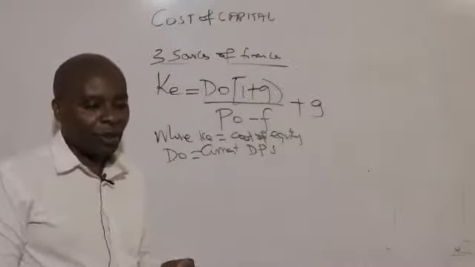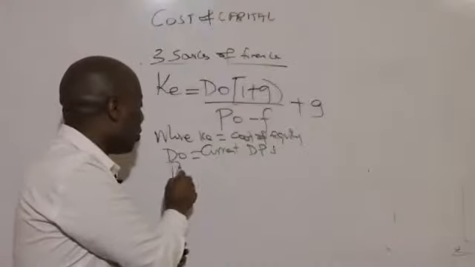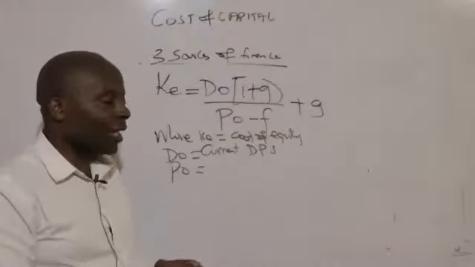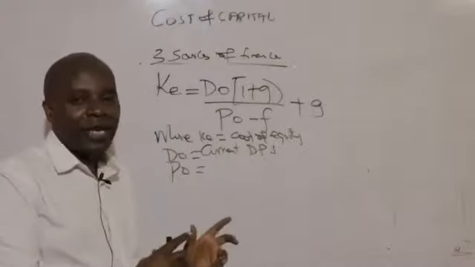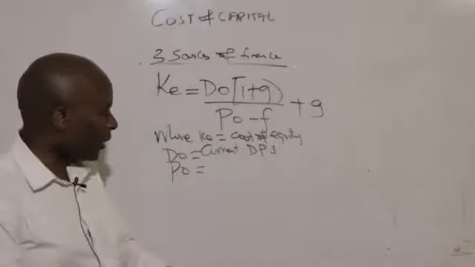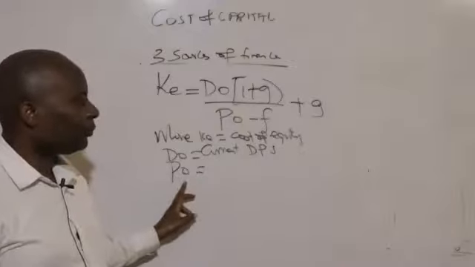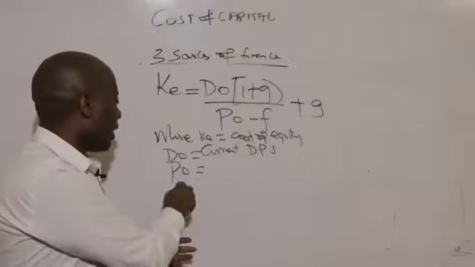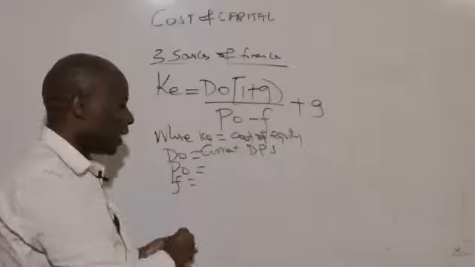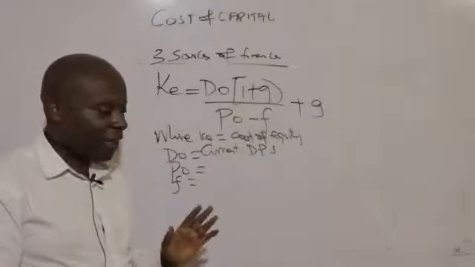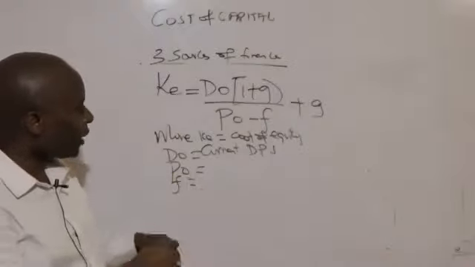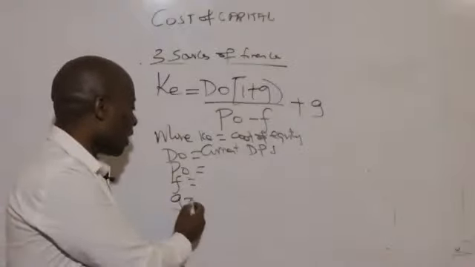And then we have P0, which is the current market price per share, current because of 0. And then we have F. F, ladies and gentlemen, stands for flotation cost. And then we have G. G stands for growth rate.